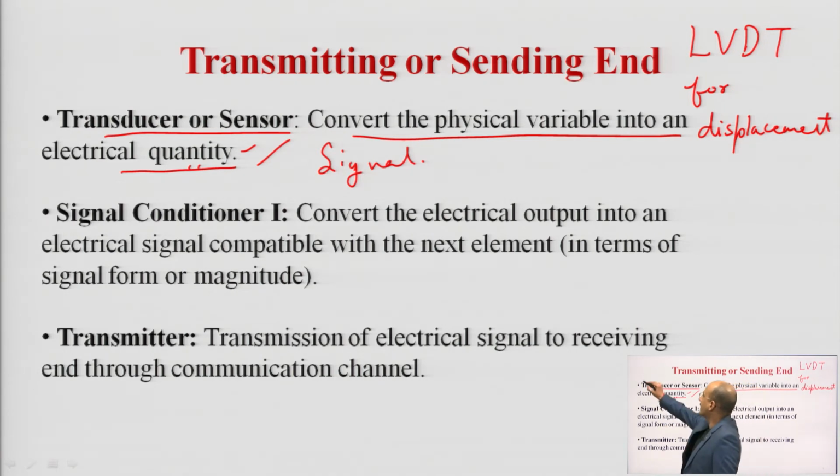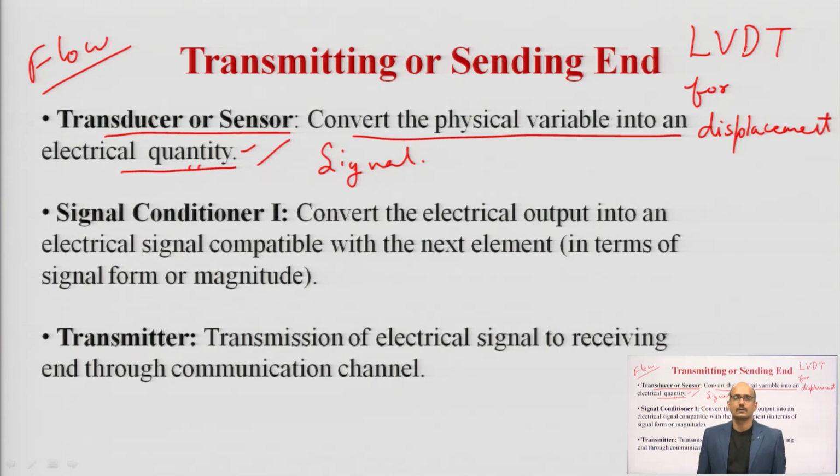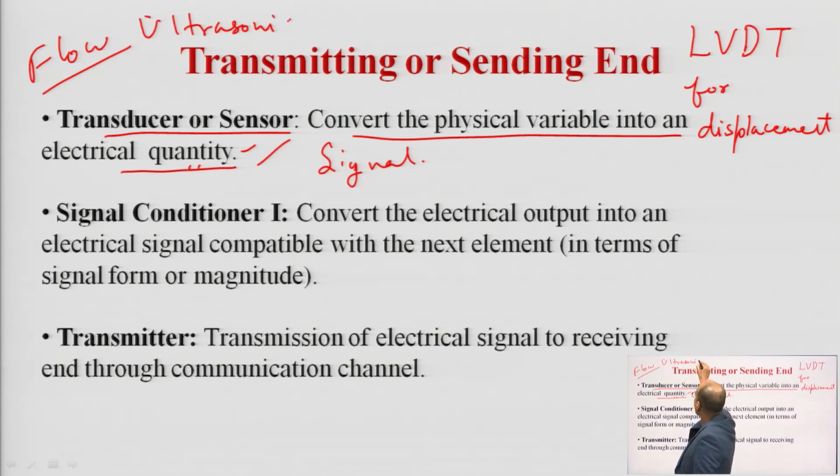Similarly, if there is some kind of flow, or flow of some physical quantity such as flow of air or flow of liquid, for that you are going to use ultrasonic sensors to calculate the flow.